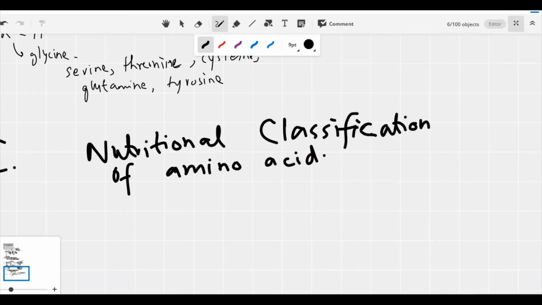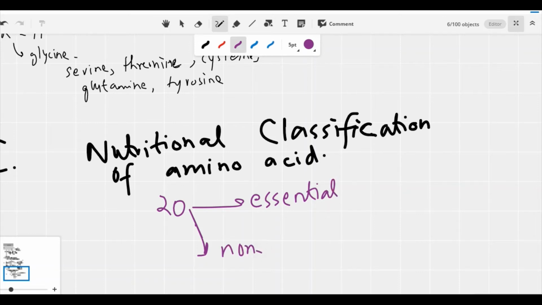As you know, the 20 amino acids are required for the synthesis of proteins besides other biological functions. However, not all of these amino acids are taken in the diet. So we can classify these amino acids into two categories: essential amino acids and non-essential amino acids.